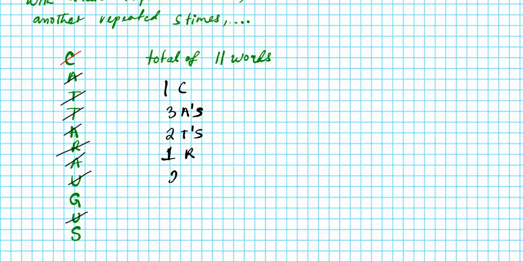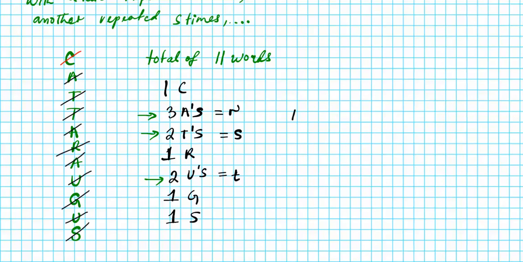We have 2 U's. How about G's? We have 1 G. How about S's? We have 1 S. Okay. Now, what I care mostly about are the letters that repeat. The letters that repeat are my A's 3 times, my T's twice, and my U's twice. So in this case, this would be basically my R, this would be my S, and this would be my T.